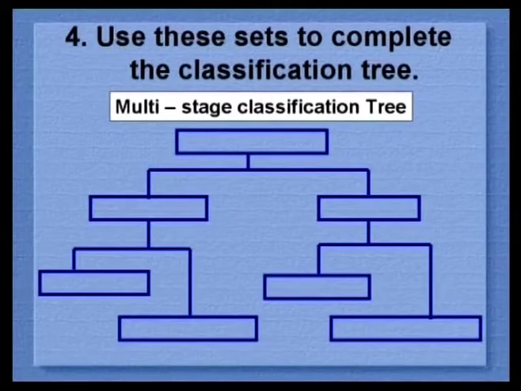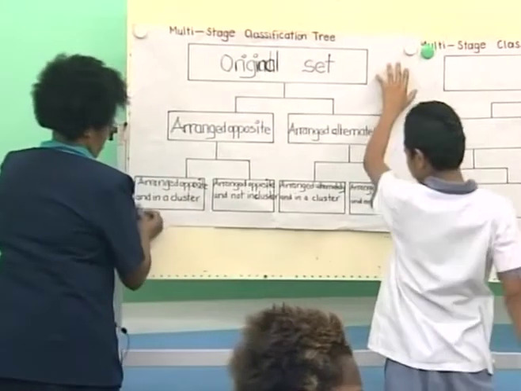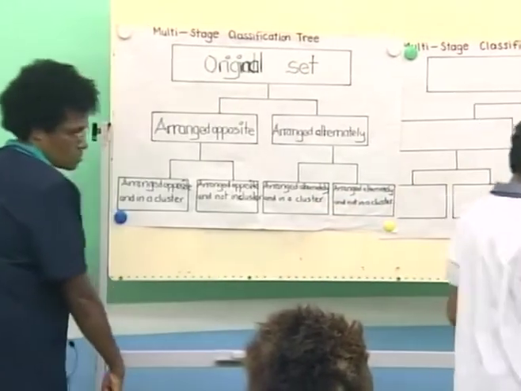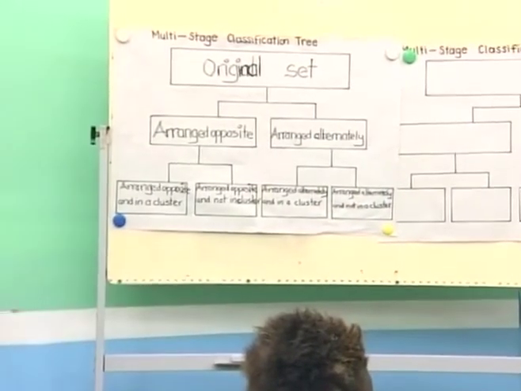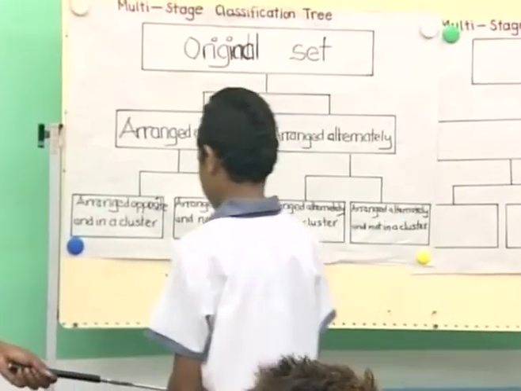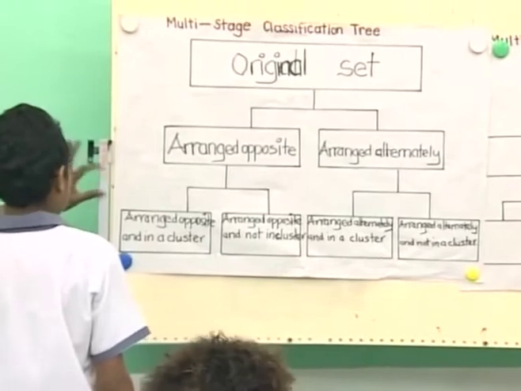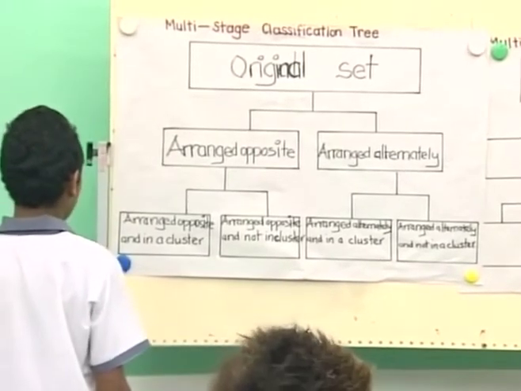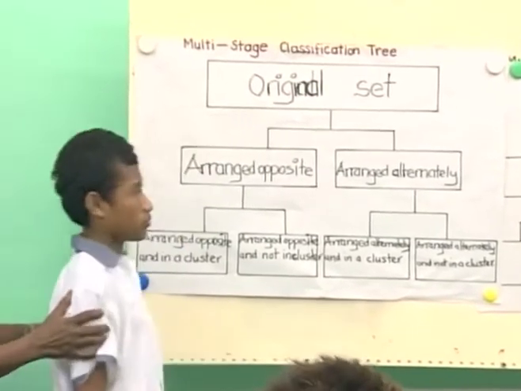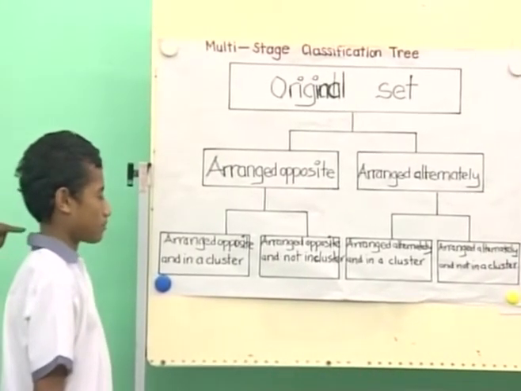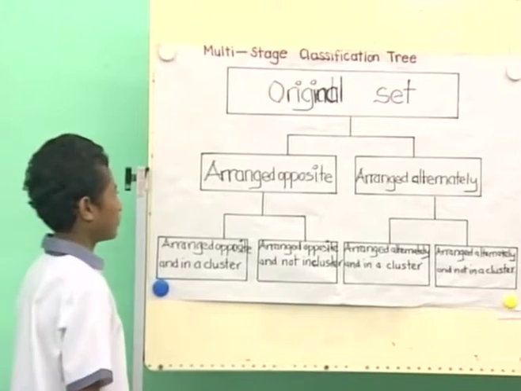Okay, hold it and you put it up. You can put it here. Okay, stand here. That is the multi-stage classification tree that Samuel and his friends have done. So Samuel is going to go through it and tell us how they got the tree drawn.